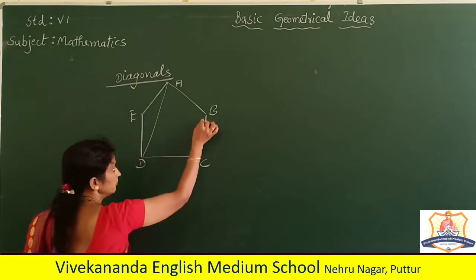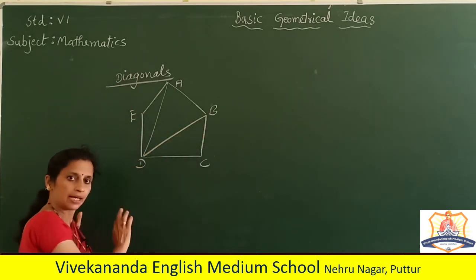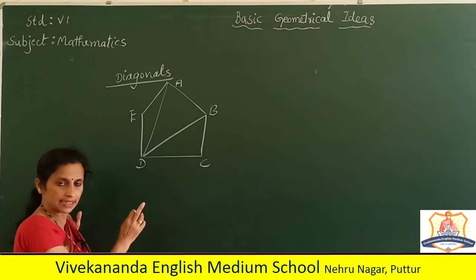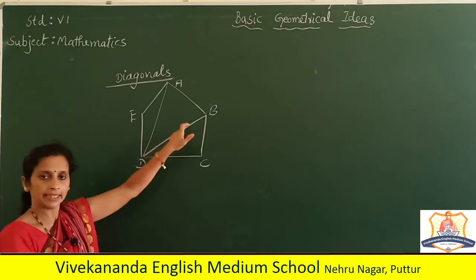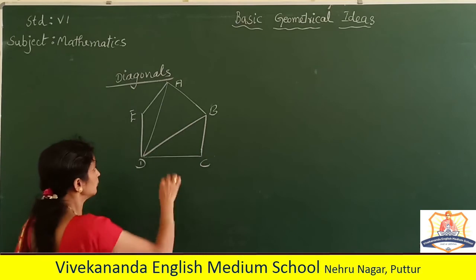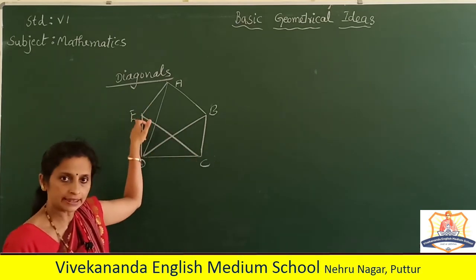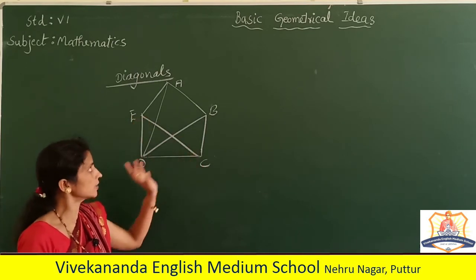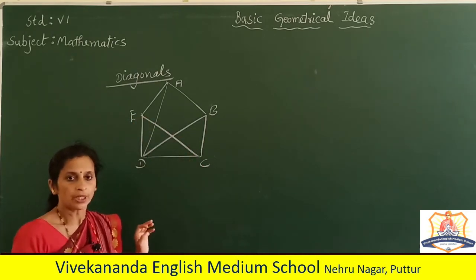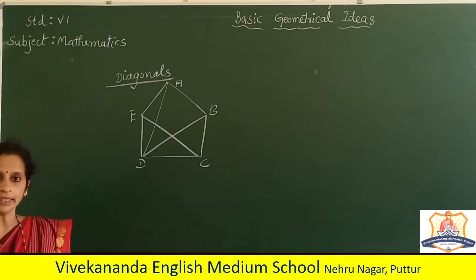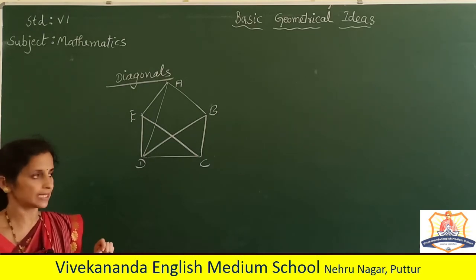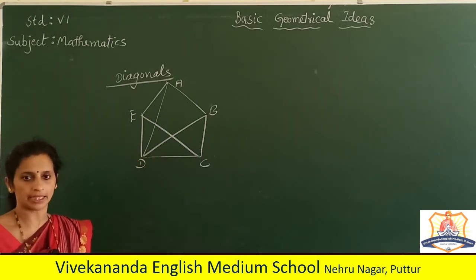And if you join B and D, which are not adjacent vertices, you get another diagonal. If you join C and E, which are not adjacent vertices, it is also a diagonal. So a diagonal is the line joining the opposite vertices inside the given polygon.